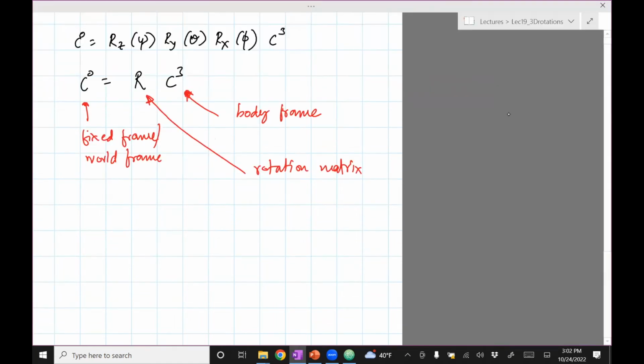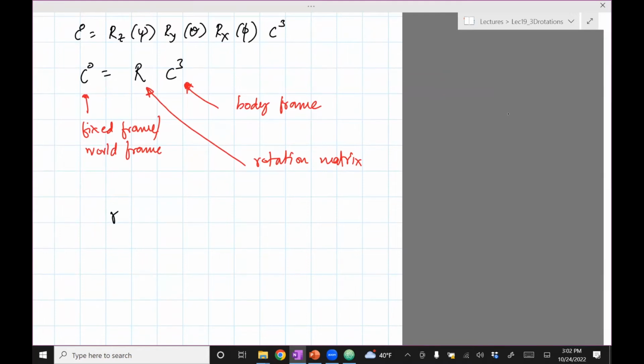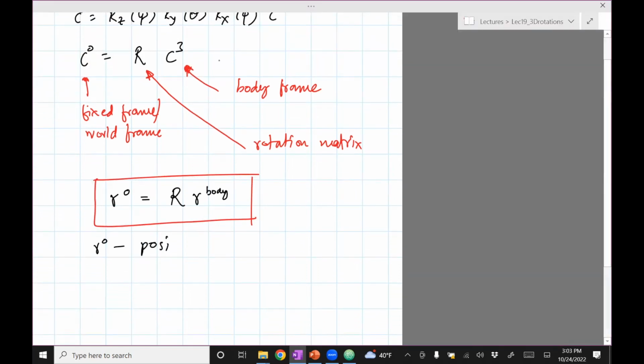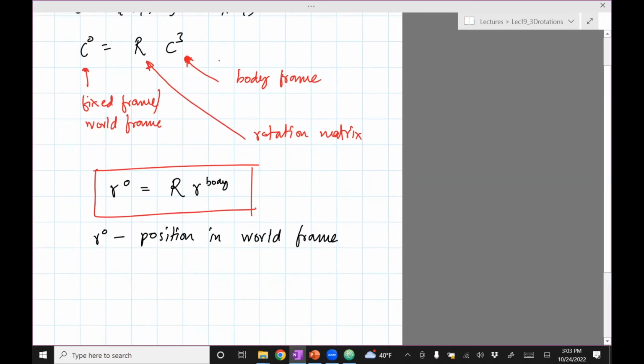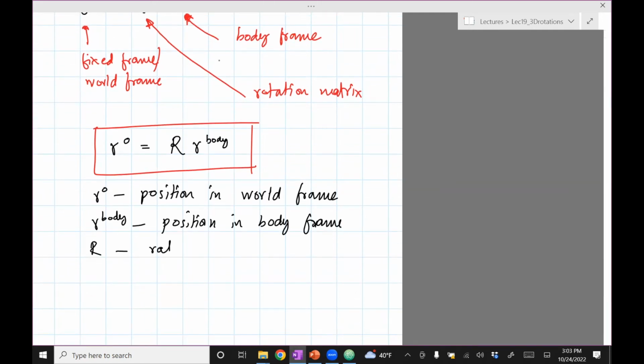So the formula which we were really after was that the position in world frame is R times the position in body frame. R is the rotation matrix.